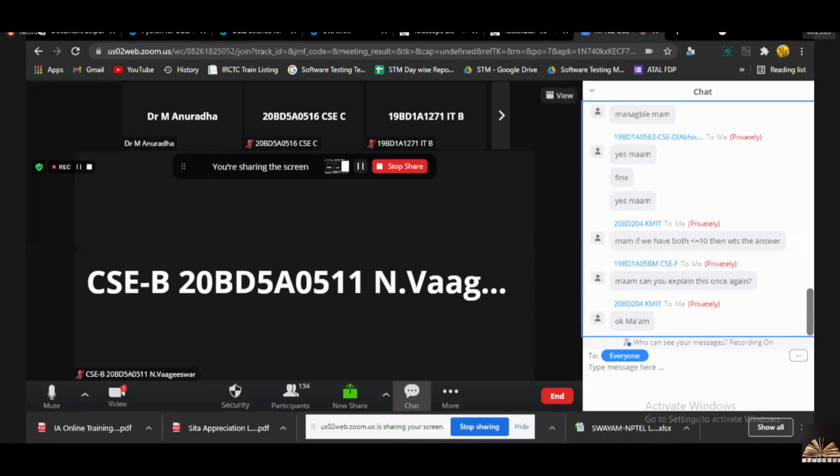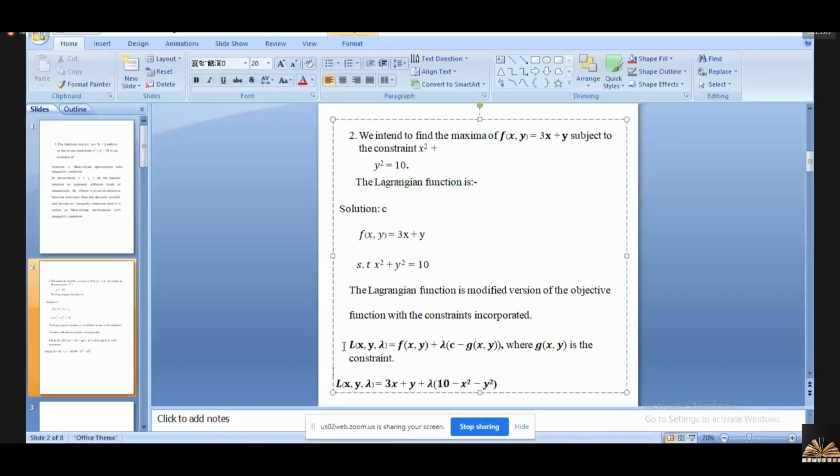So this is the Lagrangian function format. How do we write this function? If the question is asked like this, then using this format you have to write it, and then check whether the answer is correct or not.